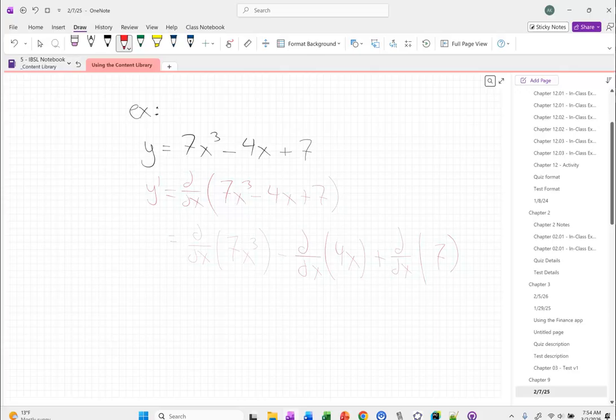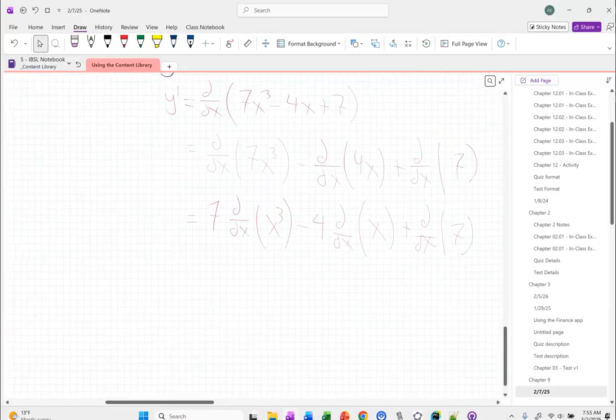Instead, because those multiplications are constants, I can use my rules of derivatives and pull the constant out front. So I can do that. Is everybody all right there? Yeah.